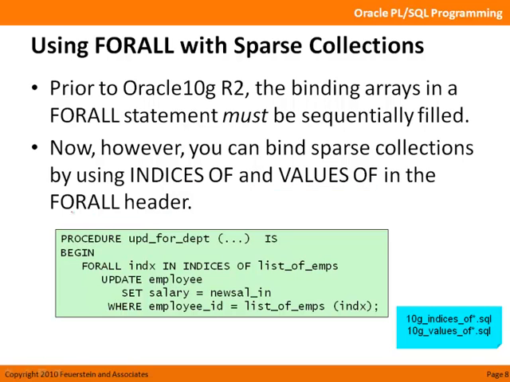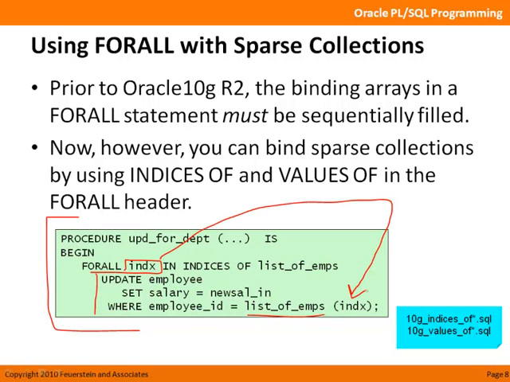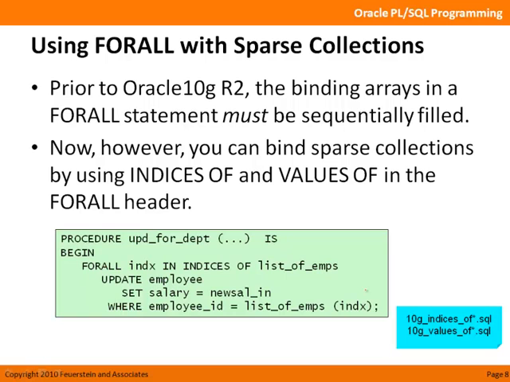Here's the simplest form you can use. In this case, notice I have my FORALL statement with my iterator index. In my DML statement, I reference the list of emps. That's my bind array, and there's my iterator by name. So that's all the same thing you've seen before. But what if my list of emps has gaps in it?